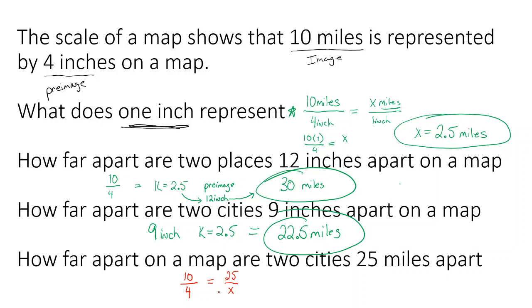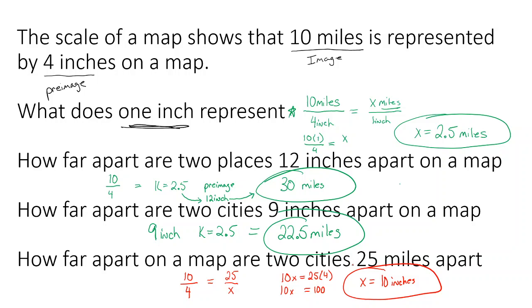Now we do a little cross multiplying, and we get 10x equals 25 times 4. 25 times 4 is 100. 10x equals 100, so x equals 10 inches.